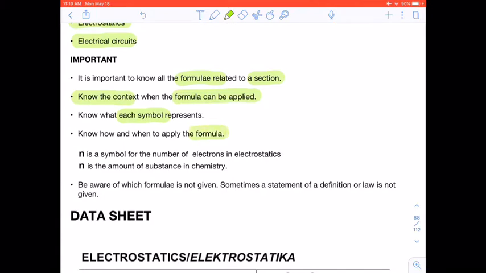That's important. Say, for example, if I look at N, N is a symbol for the number of electrons in electrostatics. We know that. But N is the amount of substance, and it deals with the mole in chemistry. So you need to know what N stands for and in what context it is being used.